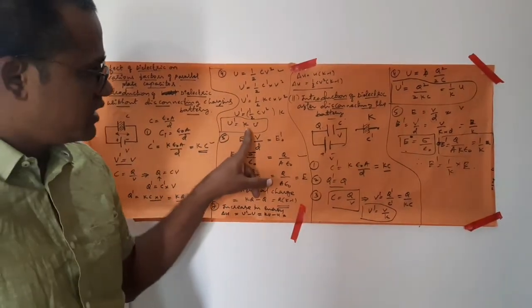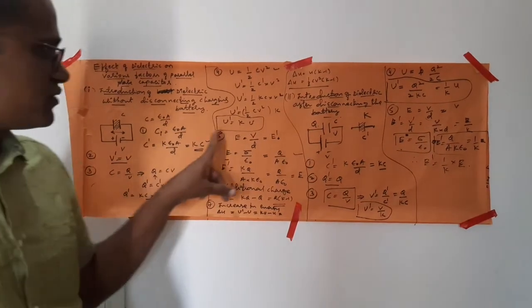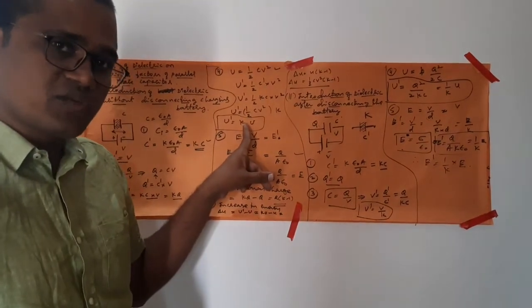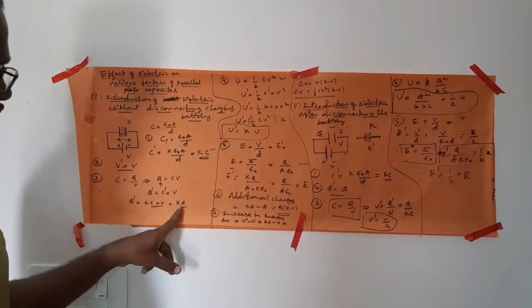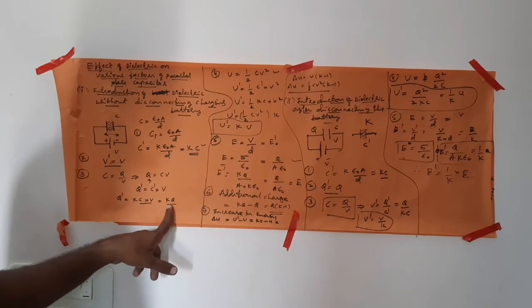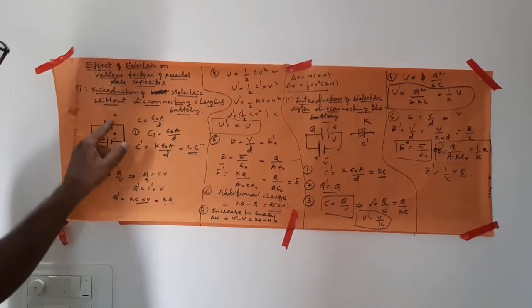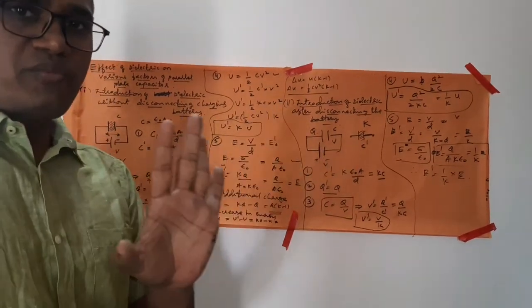But remember, energy is increased here. Without increasing potential, we have increased the energy storing capacity. We have even increased the charge storing capacity, K times Q. So that's a good thing, that the dielectric medium will help in many ways.